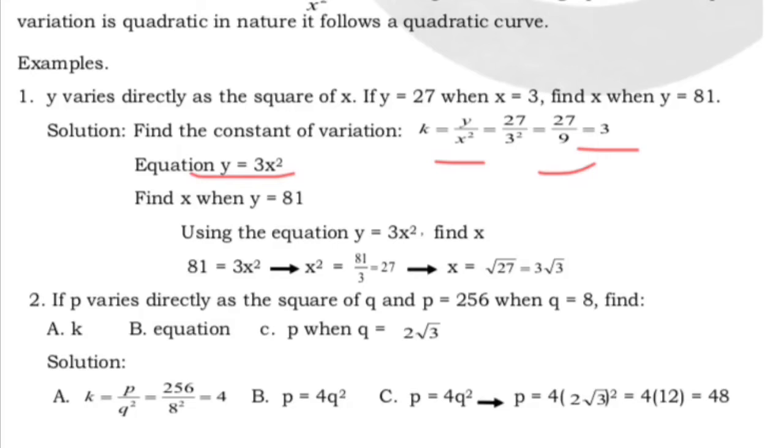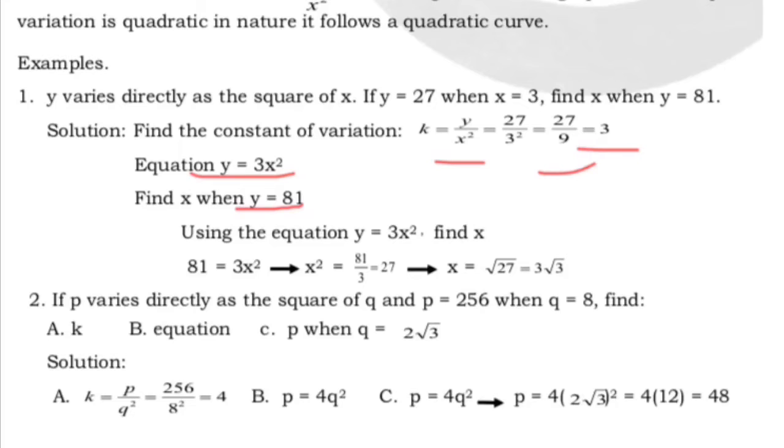The next question is, we're going to find x when y equals 81. So using the equation y equals 3x squared, we just substitute the given, which is y equals 81.